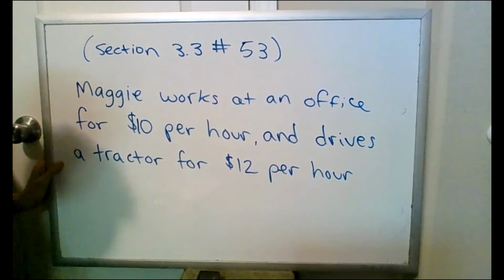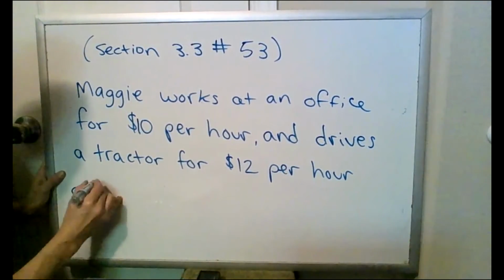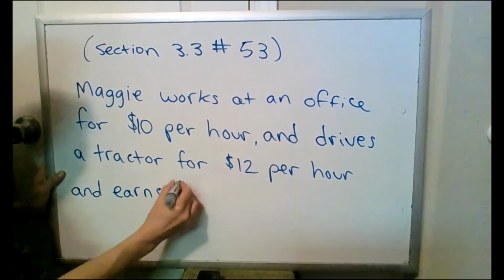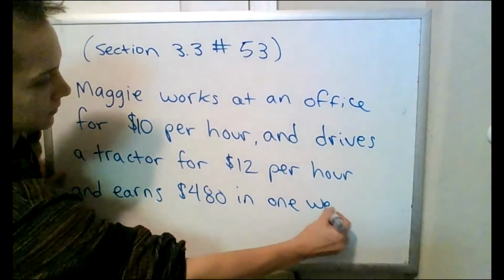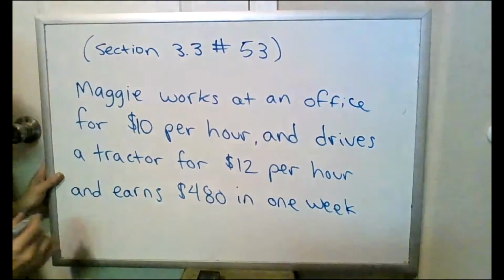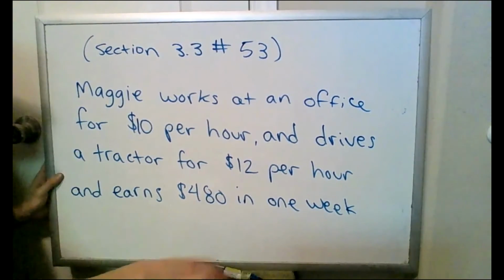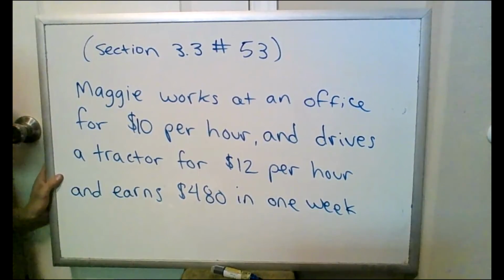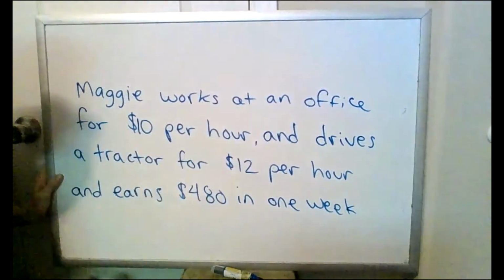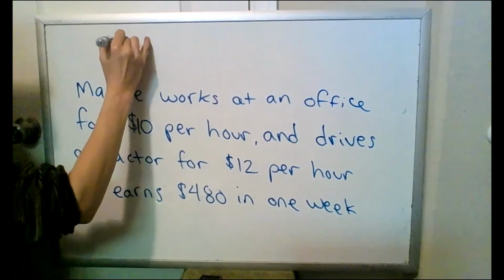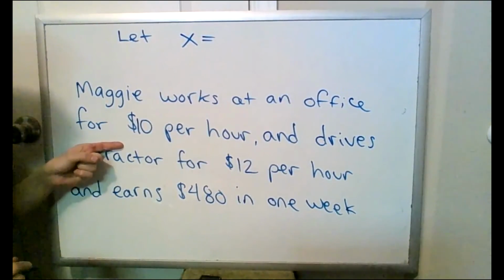She earns, we'll just put, and earns $480 in 1 week. In part A, they do help you or direct you in how to set up the equation. They tell you to have the variable X, and X needs to be equal to the number of hours that she works for $10 per hour.